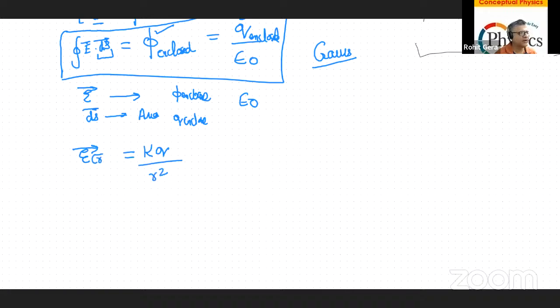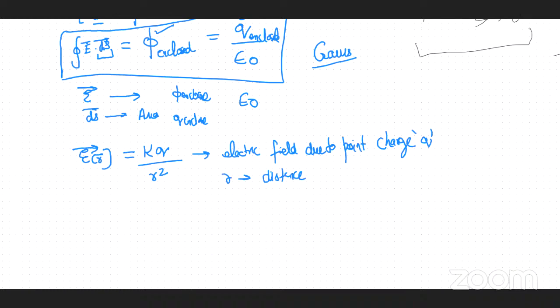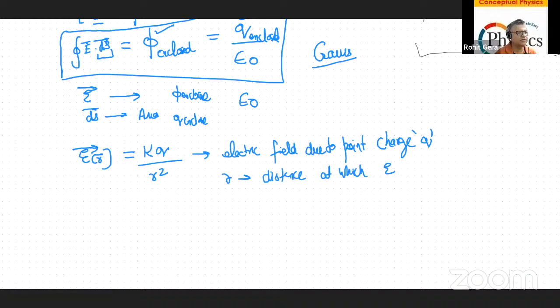So the electric field due to a point charge q, what is r? The distance from the charge, at which the electric field is being found out.